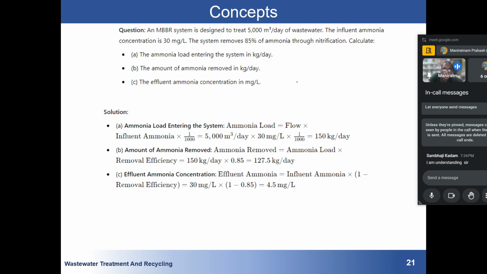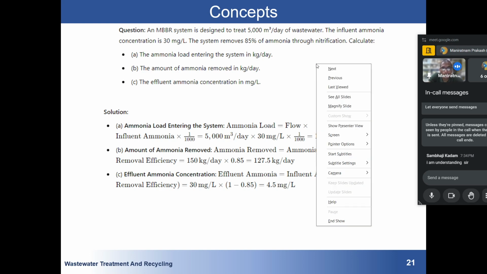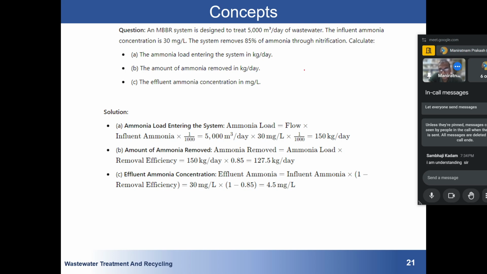And from here what we can see, generally see how anything is designed. It is always designed in a reverse engineer way. So now suppose in an area there is a treatment plant, there is a plan to construct this MBR system.